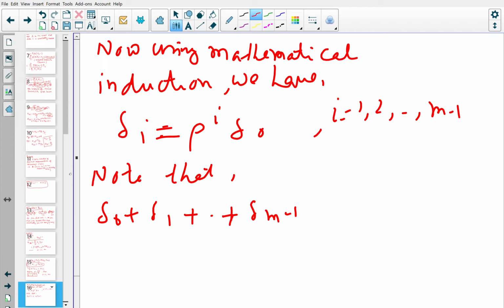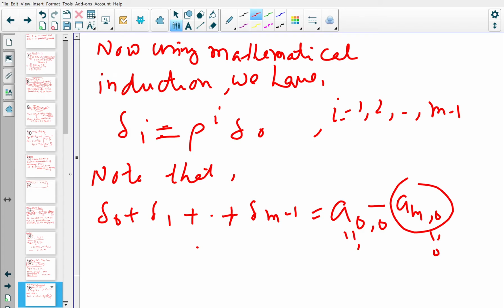So if you sum these things, they get cancelled, and you'll have A_00, the initial state, minus A_M0, right? Now A_00 is 1, because whenever you are in state 0, obviously you end up in 0, but A_M0 equals 0. So this answer is always 1, right? The sum of these things is 1, and done.